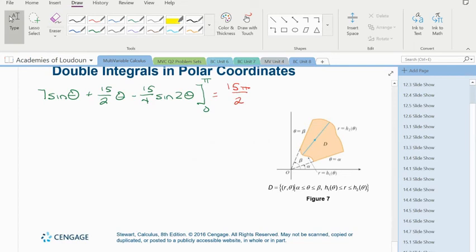So what we have done so far can be extended to the more complicated type of region as shown in Figure 7.